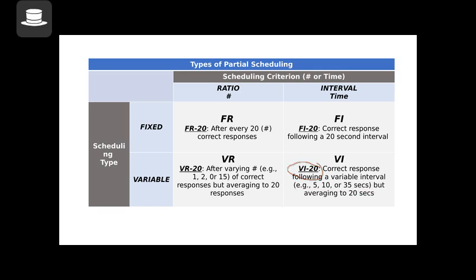For instance, sometimes the reinforcement occurs after a response after 5 seconds of interval, sometimes after 10, sometimes after 35. The time, however, averages to 20 seconds, and that is why it is VI20.